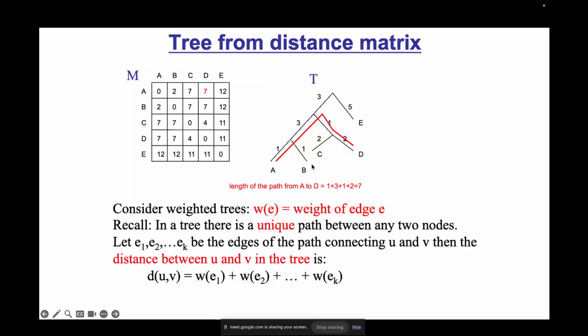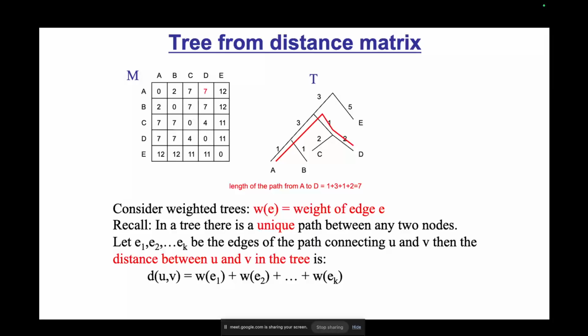Now, similarly, if you want to move from E to C, you move here, here, here, and here. So there are unique paths between any two nodes, specifically for phylogenetic trees. In other graphs, it is not the case, right? You can have multiple routes from one node to another, but in this case, you have only one unique path.